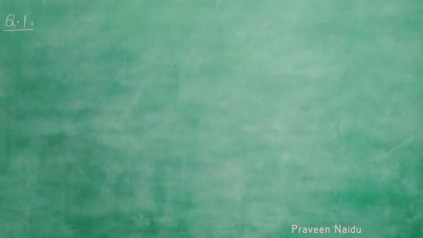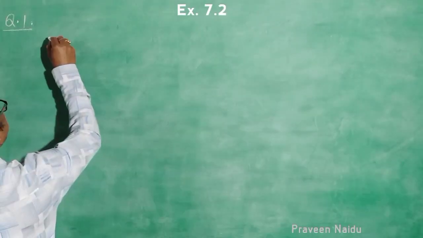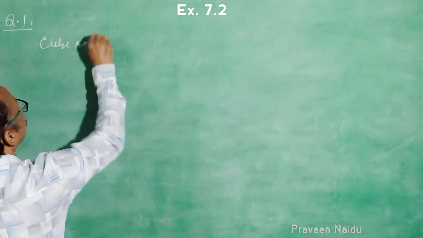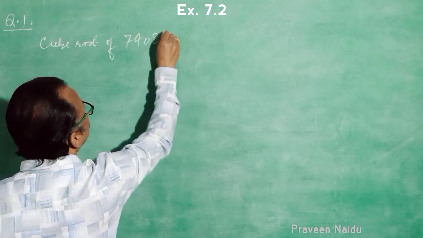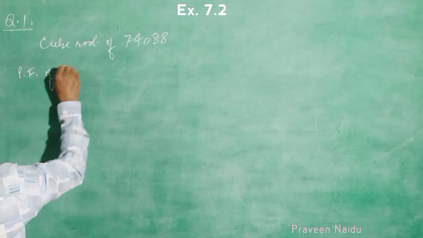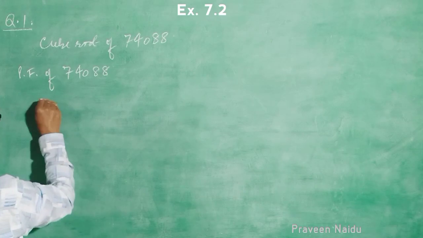Now exercise 7.2. In question 1, we have to just find out the cube root of the given numbers. To find the cube root of any number, we have to just prime factorize the number.